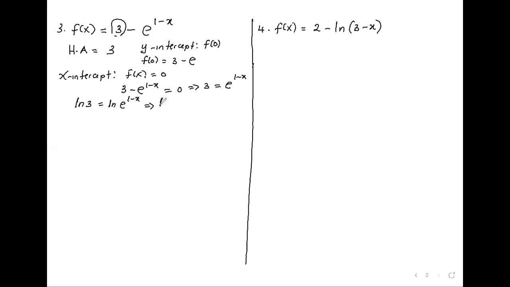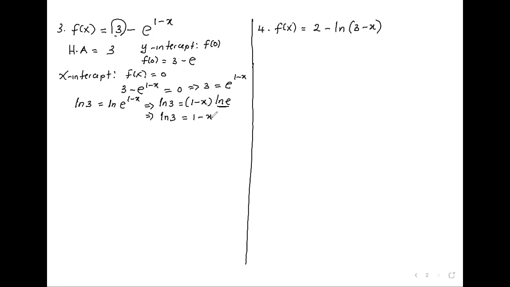Then we drop the power, and then ln e is 1. So we get ln 3 is equal to 1 minus x.